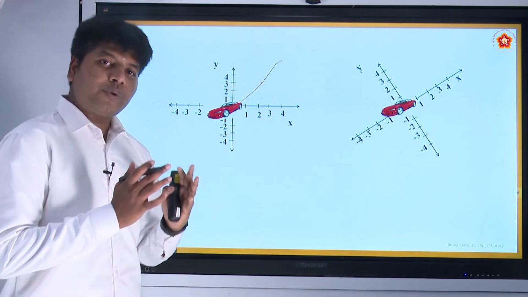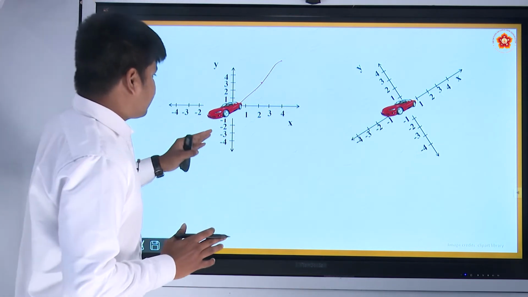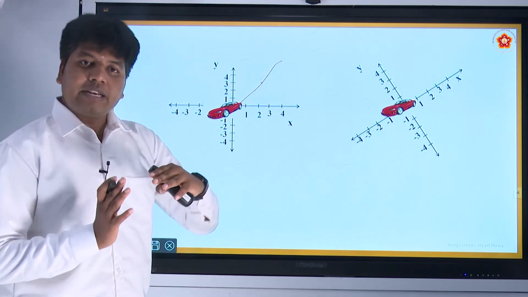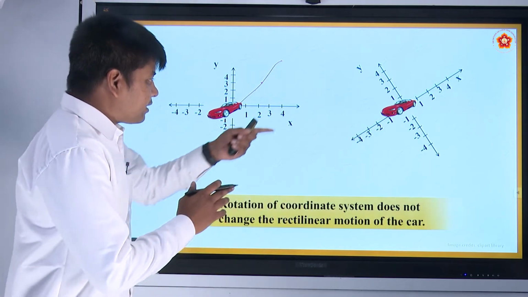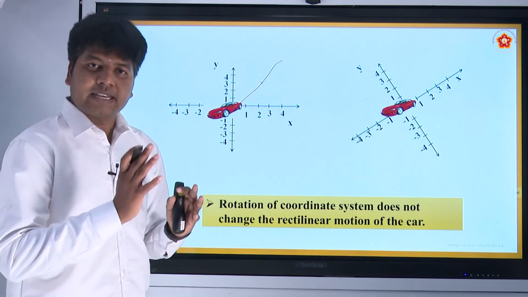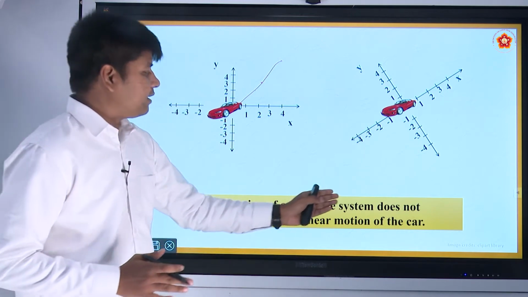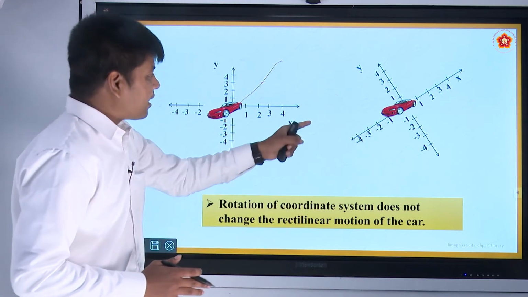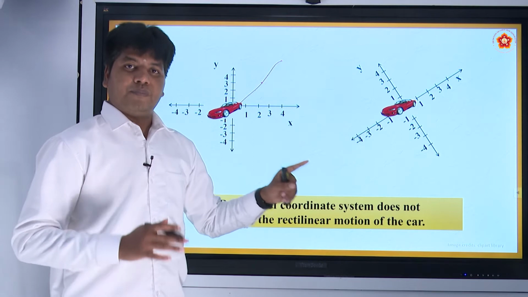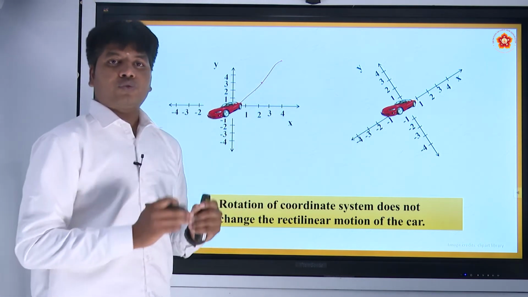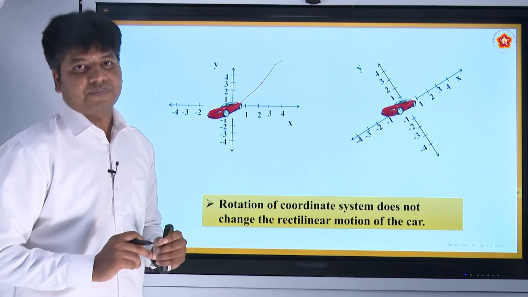So we can always translate this straight rectilinear motion into one-dimensional motion by rotating the axis. Does the rectilinear motion change when I rotate the axis? No. Rotation of the coordinate system does not change the rectilinear motion of the car. The car still moves in a straight line. The only difference is that I tilted the axis to make our job easy.